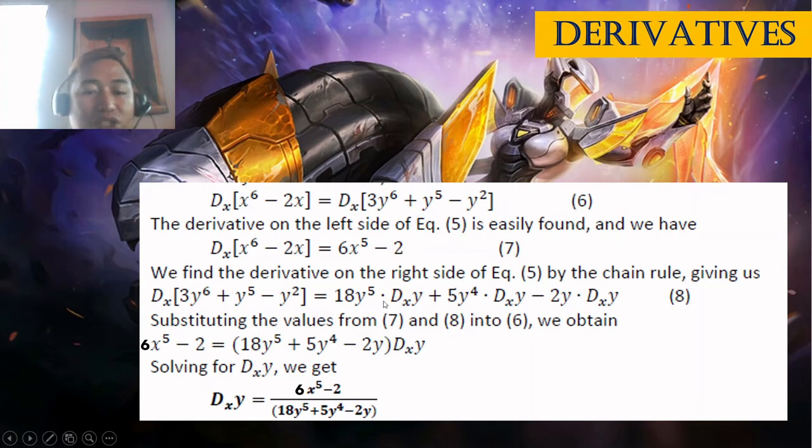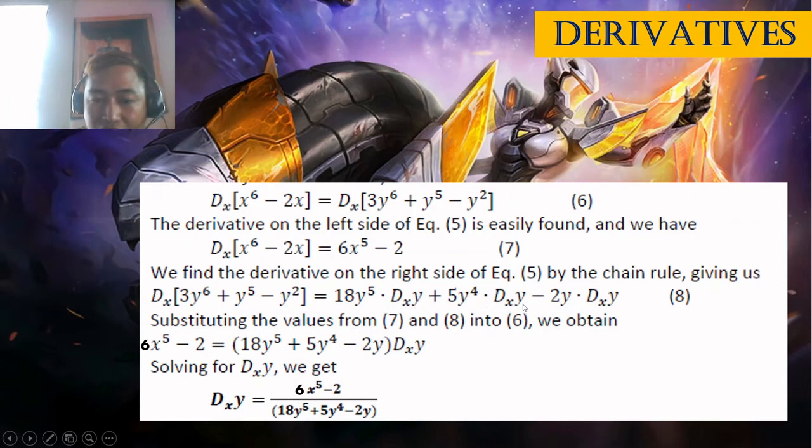But there is an additional factor: we multiply by dy/dx, since it is y. So plus 5y to the 4th times dy/dx, and then minus 2y times dy/dx. So everything is times dy/dx.